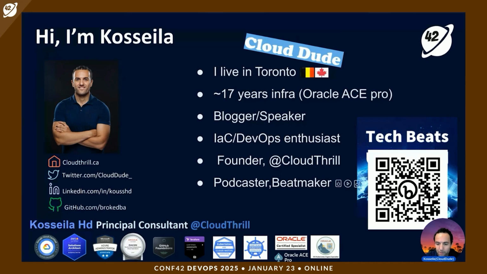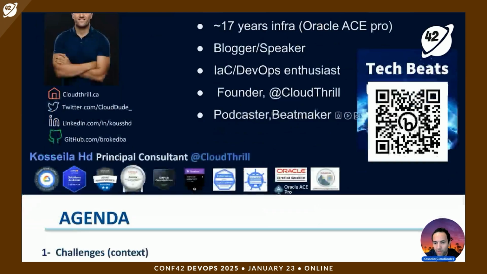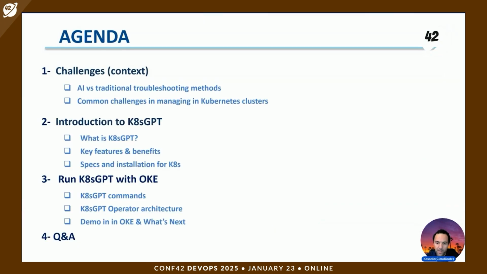Okay. Now that we're done with the intro, let's get to the reason why we're all here today, which is the agenda. So what are we going to talk about today? Well, first, we'll talk a bit about context and compare what AI is good at versus traditional troubleshooting methods and challenges. Then in section 2, we'll learn more about what KSGPT really is. We'll explore key features, benefits, along with some specs, AI backends and installations.